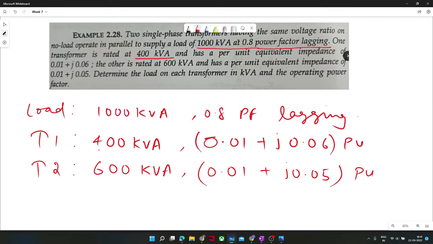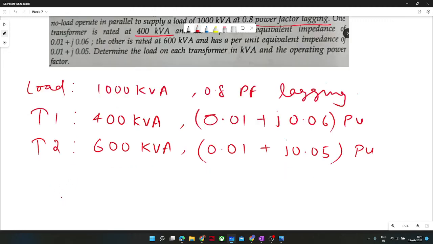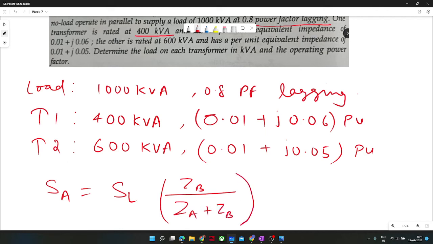How these transformers would cater the load would be interesting to see at the end. So we know SA is equal to SL into ZB divided by (ZA plus ZB) conjugate.